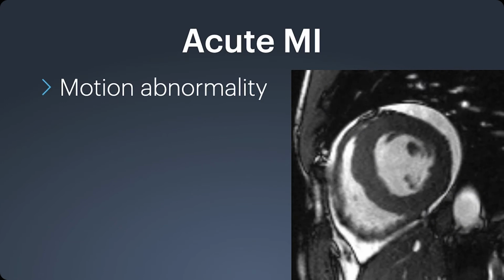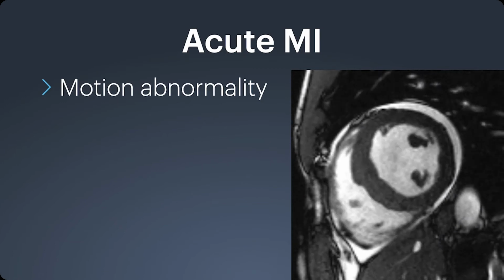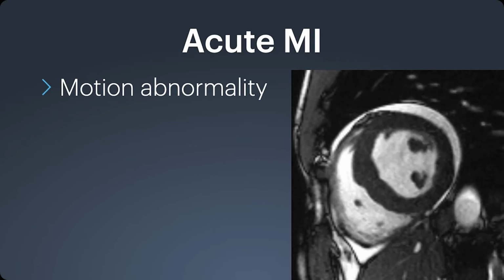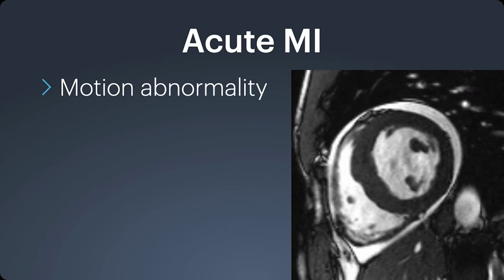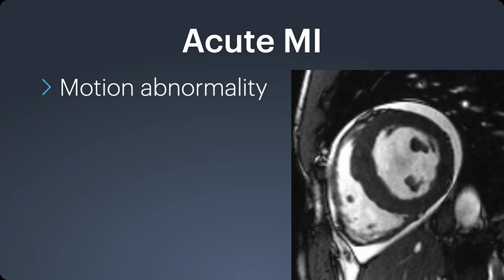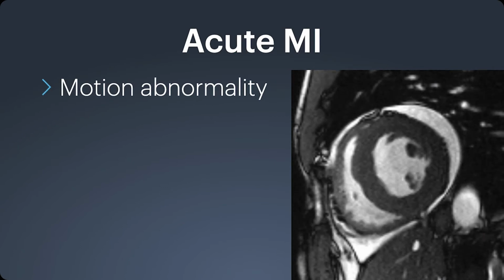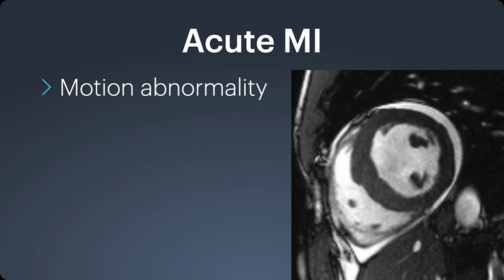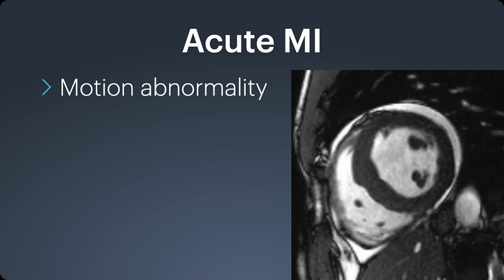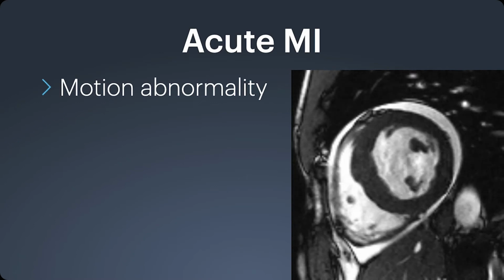Now, motion abnormality is a sign that is present in acute MI, but it can also be present in chronic MI as well as in non-ischemic cardiomyopathies. And so it's not specific for coronary artery disease or infarct, but it is a sign that we look for and is often present in the setting of coronary artery disease at the time of cardiac MR imaging.